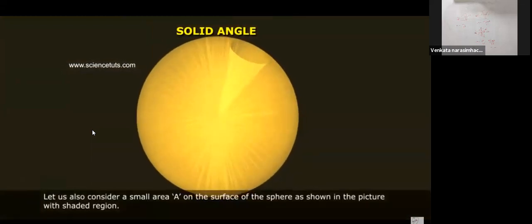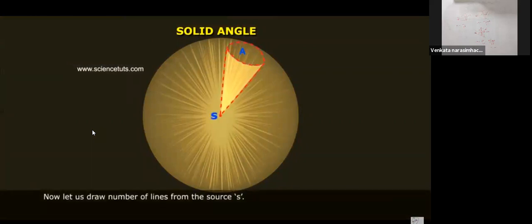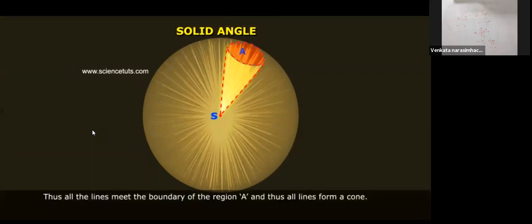Let us also consider a small area A on the surface of the sphere, as shown in the picture with the shaded region. Now, let us draw a number of lines from the source S. Thus, all the lines meet the boundary of the region A, and all lines form a cone.